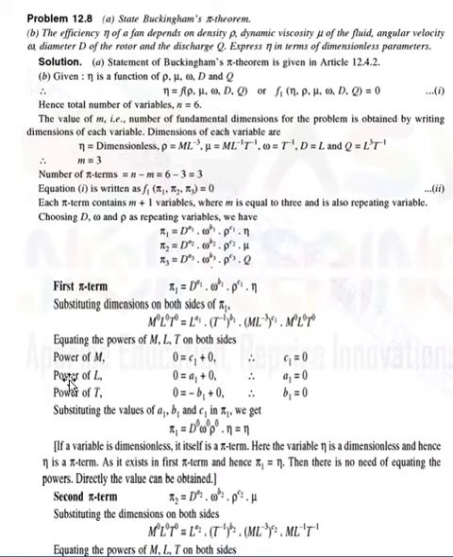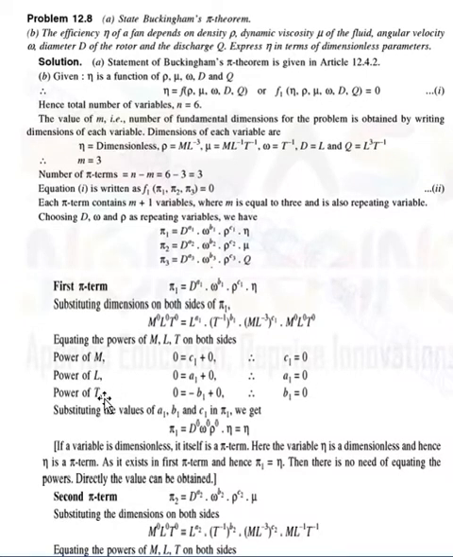Second, equating the power of L on both sides: left hand side L to the power 0 is equal to 0, right hand side L to the power a1 means simply a1 plus L to the power minus 3 c1. As we know, c1 is equal to 0, therefore directly a1 is equal to 0.